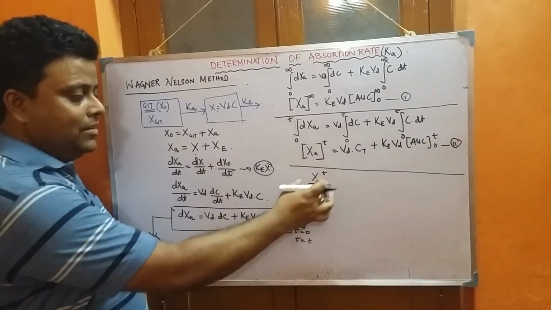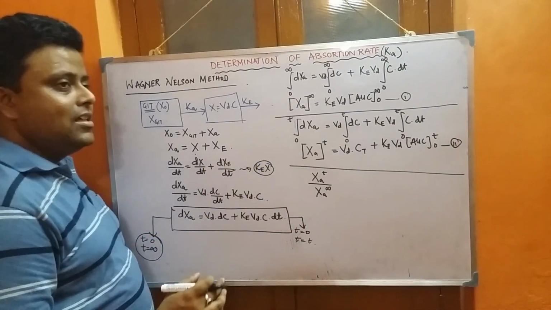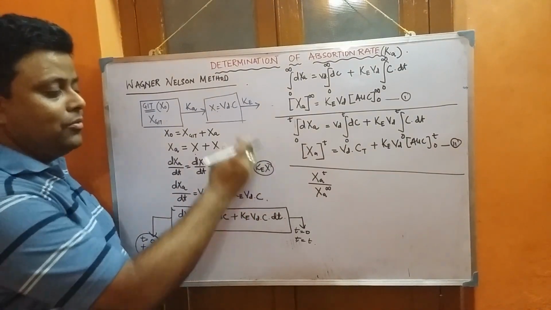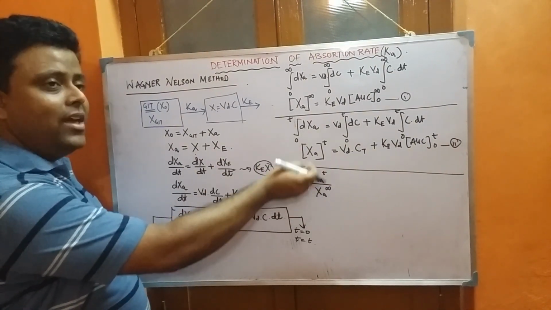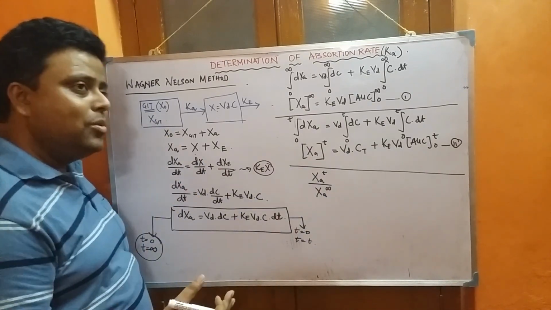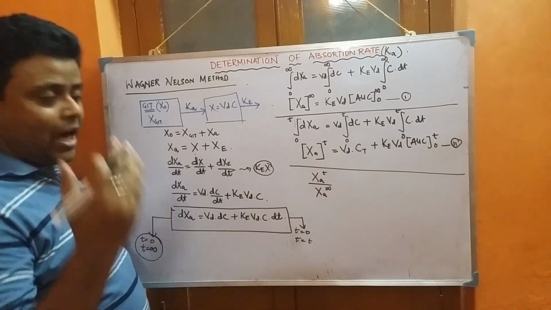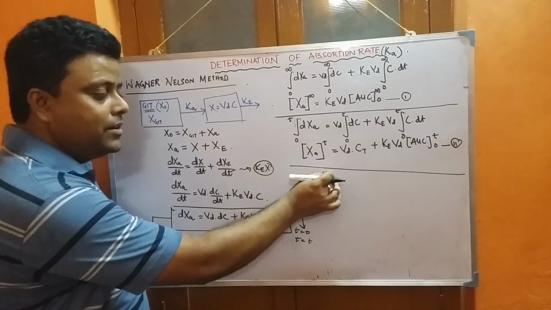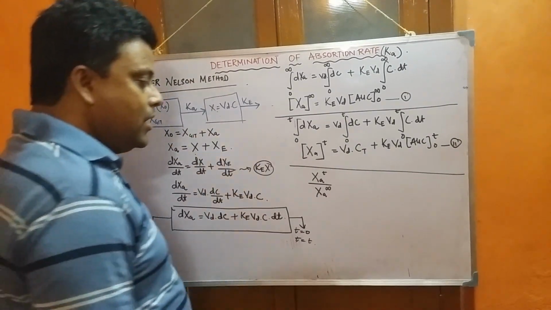So at a moment, this suggests the amount or the fraction of the drug that is undergoing absorption. So this fraction represents the amount of the drug which is undergoing absorption at the particular time t.